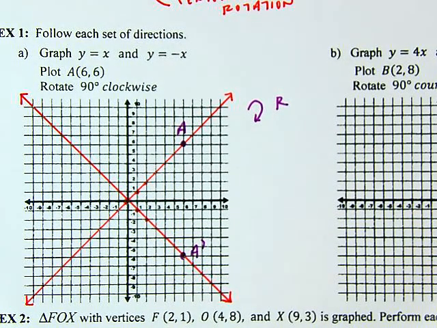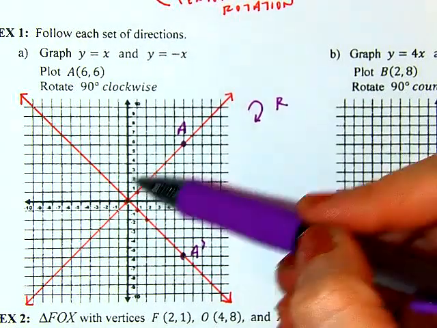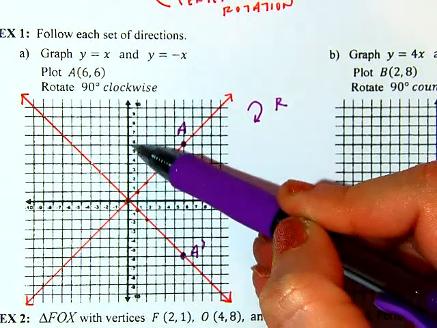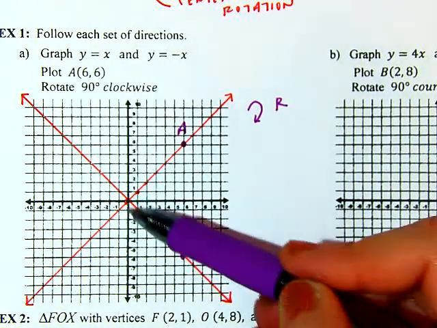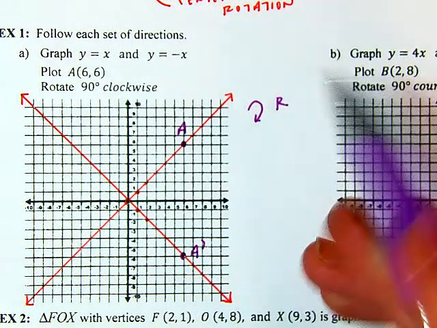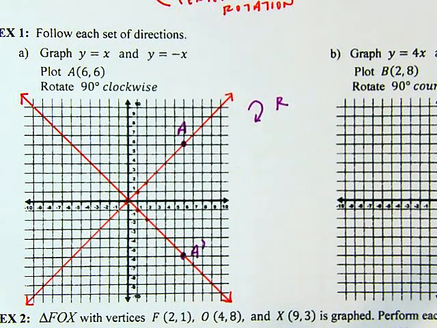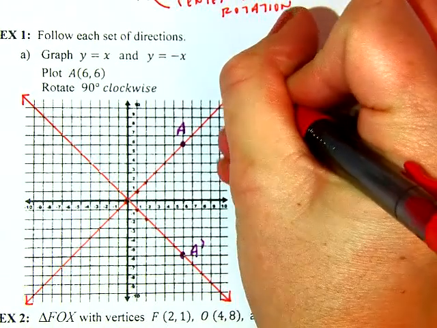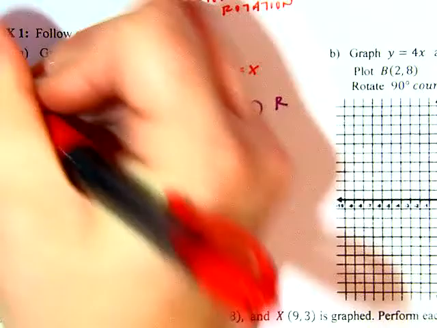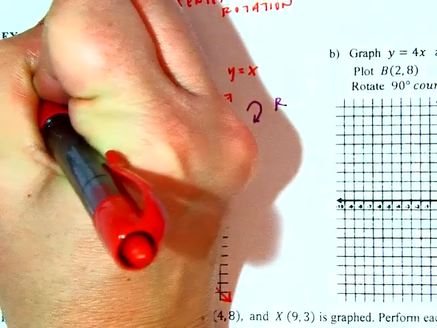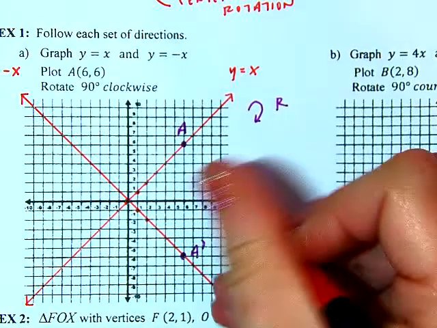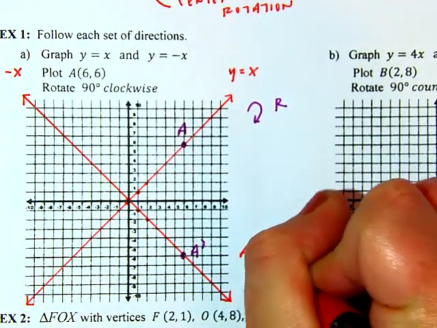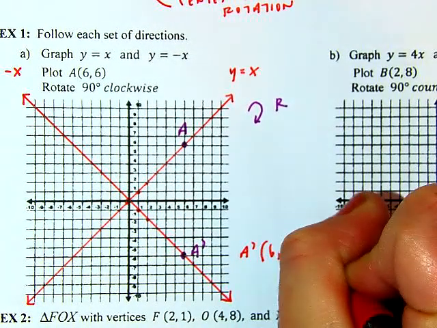Again, just a reminder that this slope here would be the opposite reciprocal of this slope right here. So that helps us to visualize how we are rotating 90 degrees clockwise. I also usually label my lines, so let me go ahead and do that as well. This was y equals x, y equals negative x, and then my point, A prime, was at (6, negative 6).